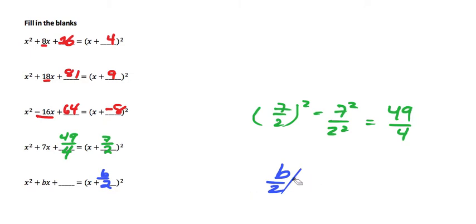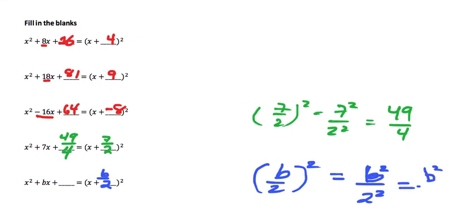I don't know why I'm getting sloppy all of a sudden. It should be b over 2 quantity squared, which is b squared over 2 squared. I want to make sure these are b's here. They're not 6, b squared over 2 squared. So that's b squared over 4. So here you end up with b squared over 4.